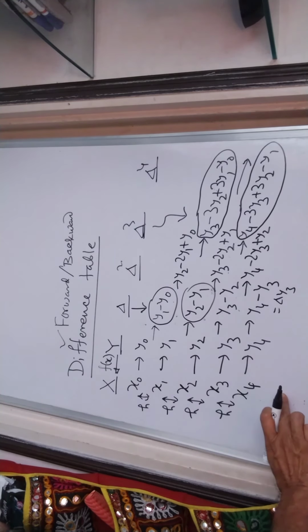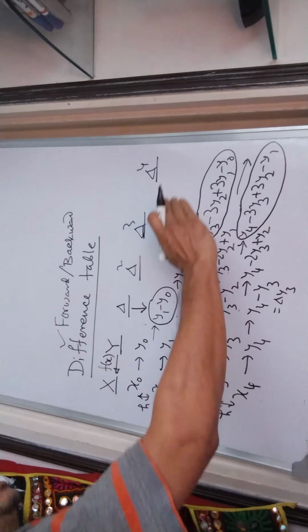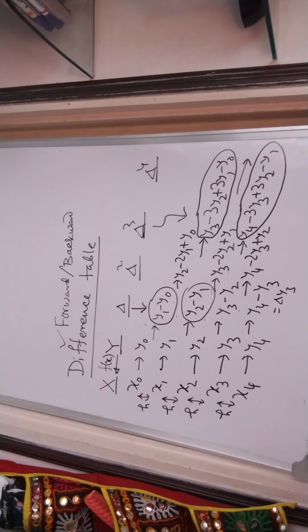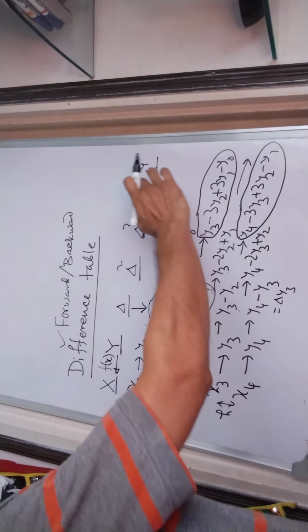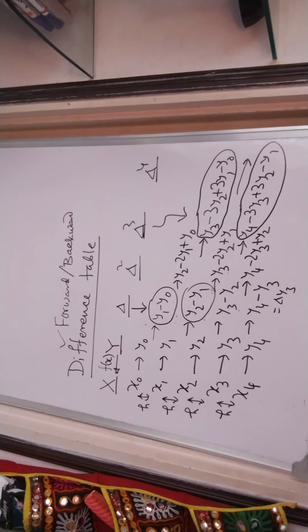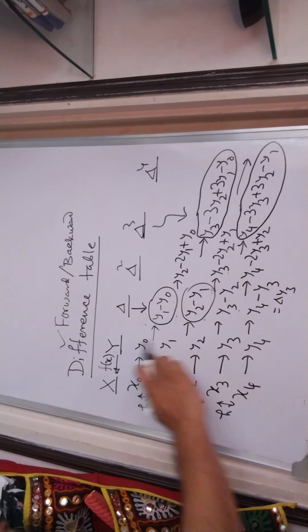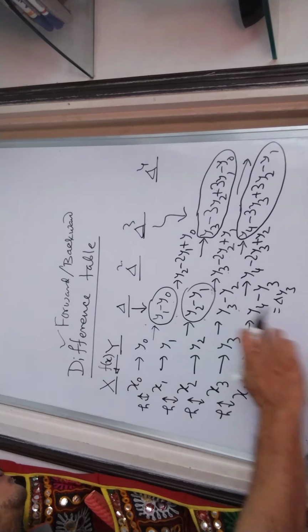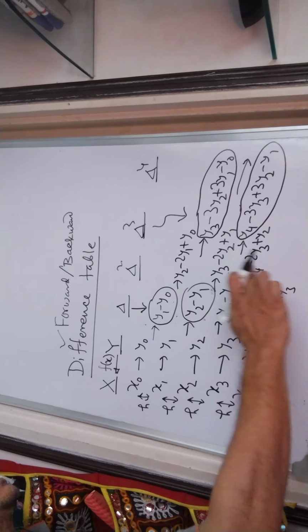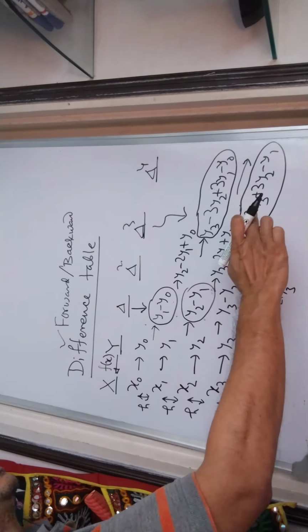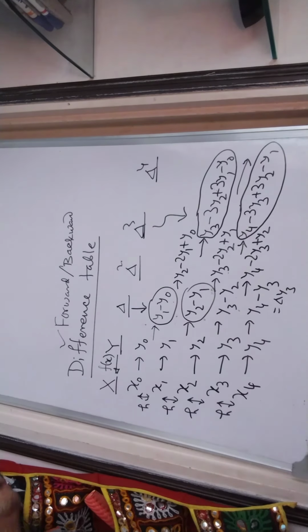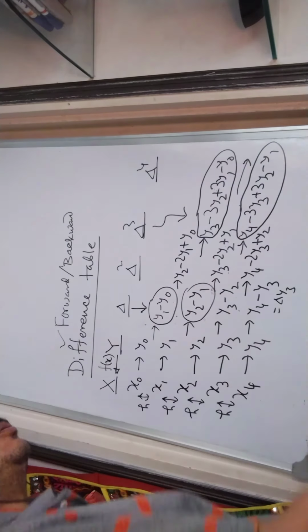Whenever you have n arguments here, this is called a diagonal difference table, it ends in the n minus 1th difference. Quite obvious, because here we have 5 elements, and in the first difference we have 4 elements, in the second difference we have 3 elements, in the third difference we have 2 elements, and in the fourth difference, which is the difference of third difference, we have only a single value.